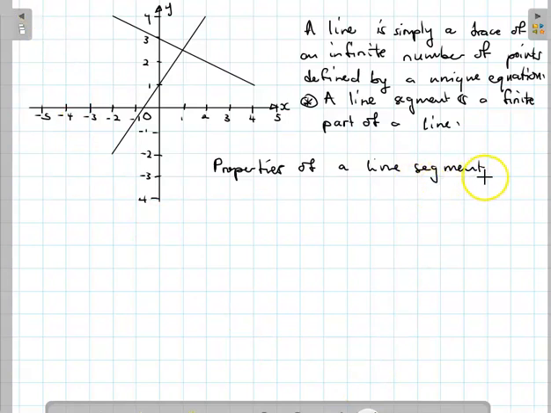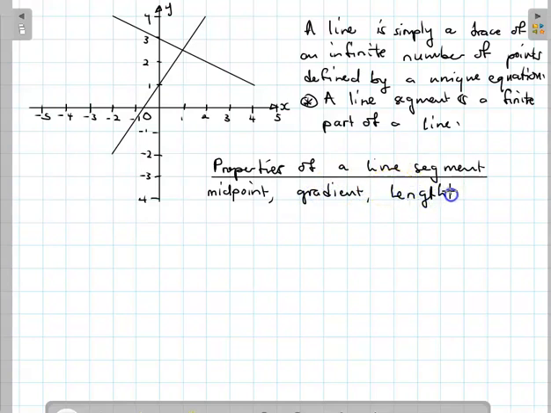I'm underlining now, and by way of underlining, I just drew a line segment. The properties that we will look at are the midpoint, the gradient, and the length. So the midpoint simply finds the halfway point from one end of the line to the other.